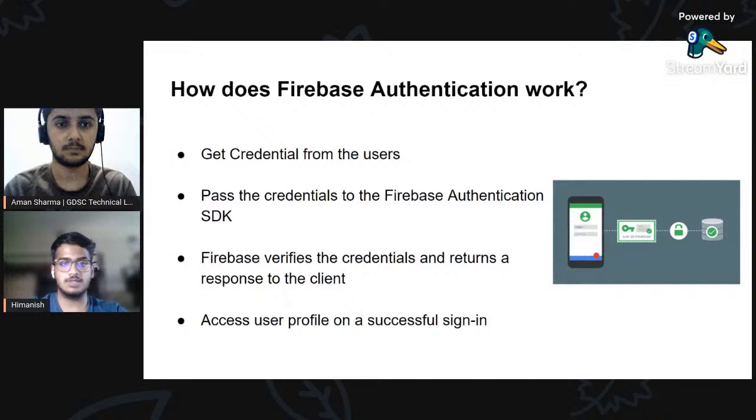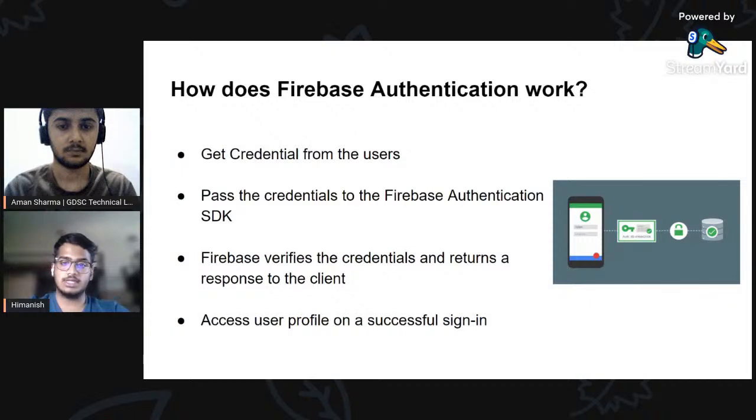How does Firebase authentication work? To sign a user into your app, you first get the authentication credentials from the user. These credentials can be the user's email address and password, or an OAuth token from a federated identity provider like GitHub or Facebook.